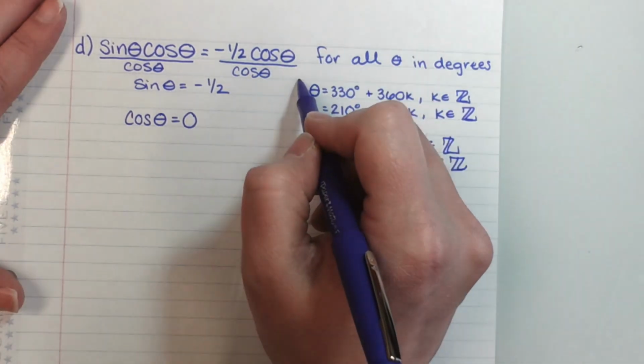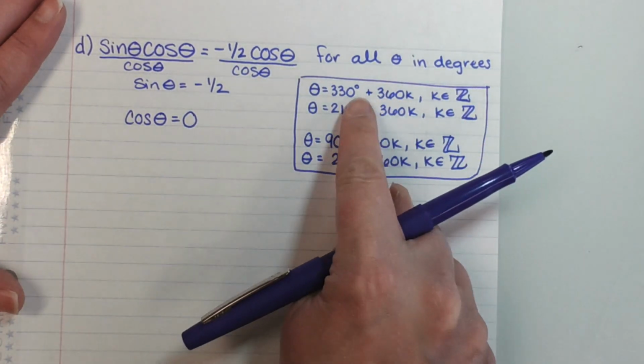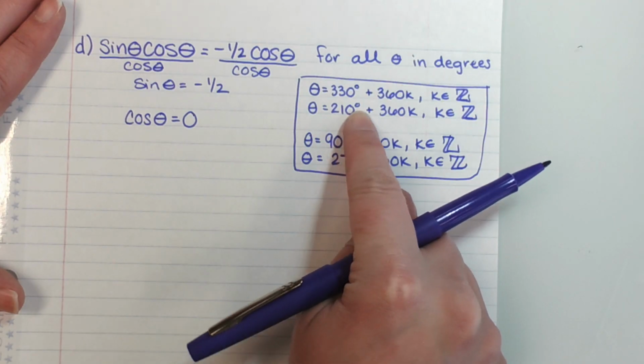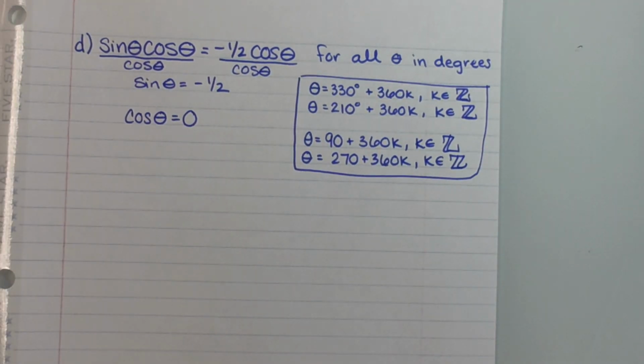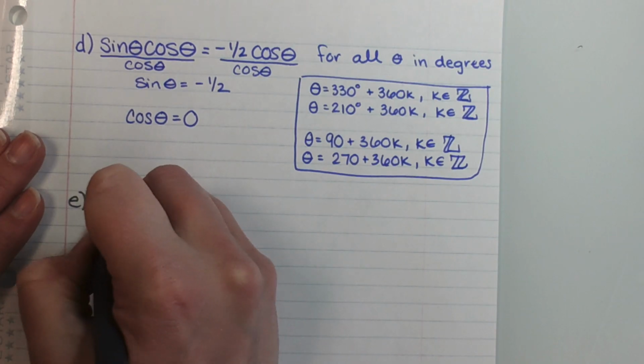So you can either have all 4 of these as your answer, or those two and theta equals 90 plus 180k, where k is an integer. I do still have my other example, the one that honestly you probably could have solved because it does include a common error that I want to address.